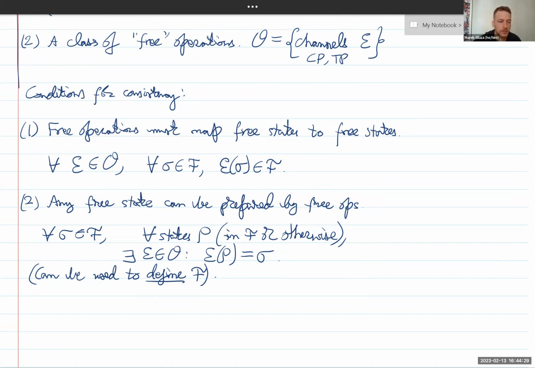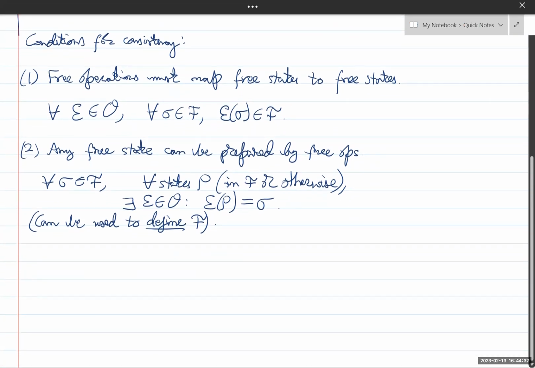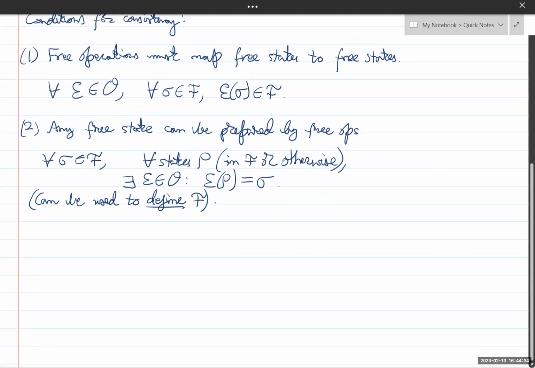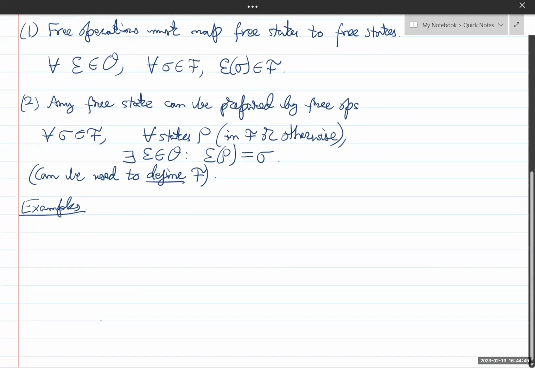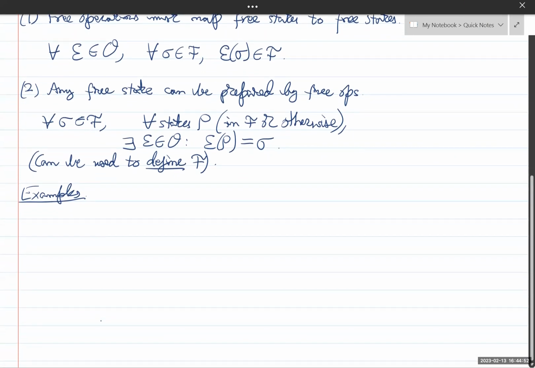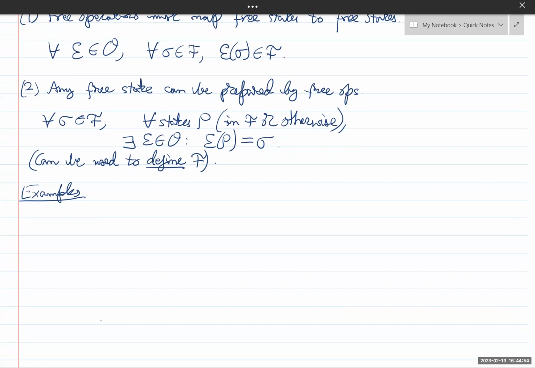Yep, thanks. So I think now I will take some examples to motivate this definition and to illustrate it. Sort of the most popular example, and something that allows a lot of nice pedagogical discussion, is the resource theory of entanglement.